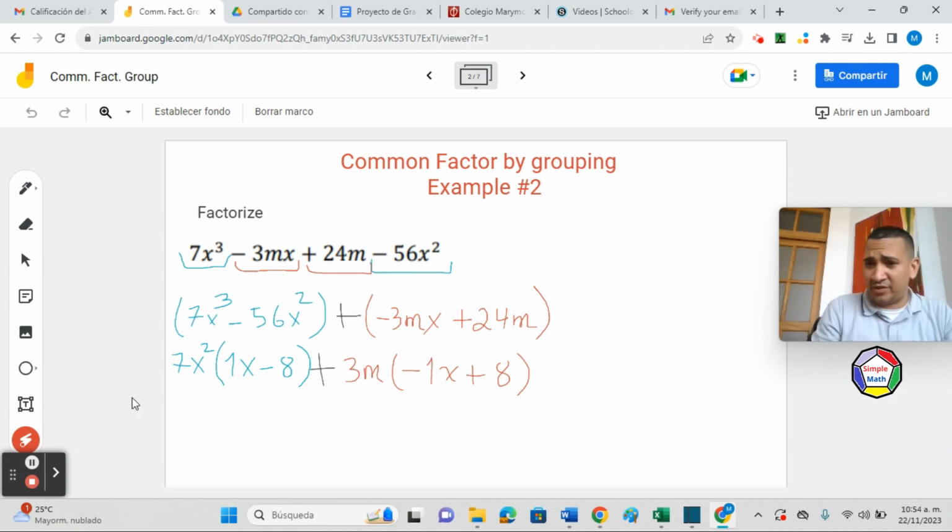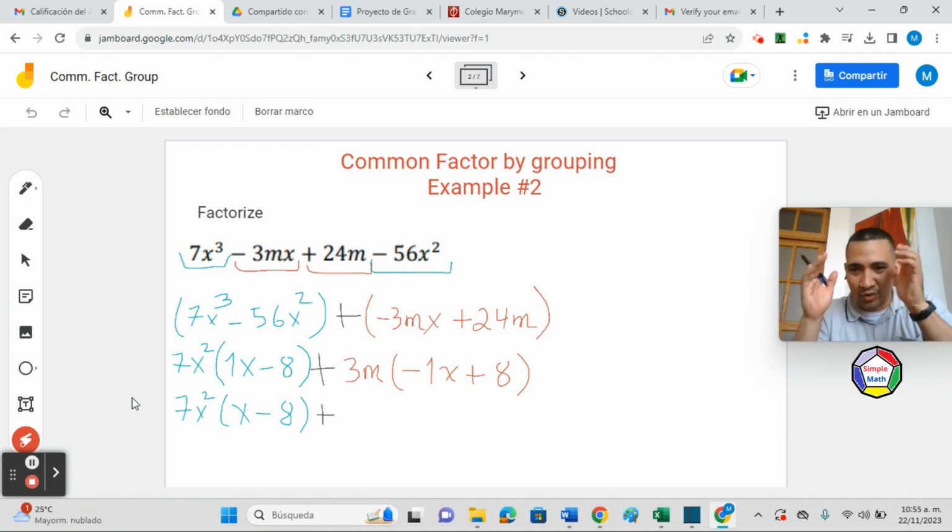I will keep the first parenthesis the same, okay? So I will repeat this: 7x exponent 2, x minus 8. Remember, x has a 1, it is 1x, and plus, yes, plus, I will change the two signs inside the parentheses.